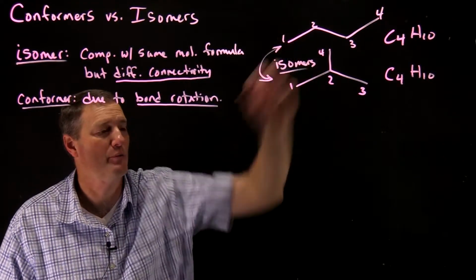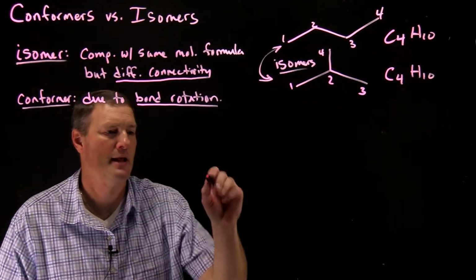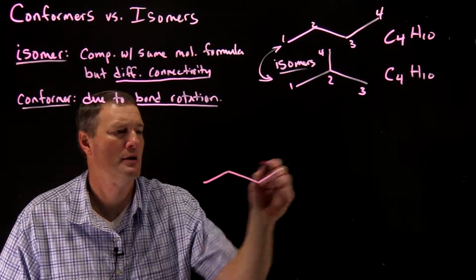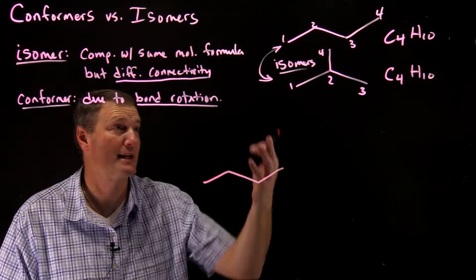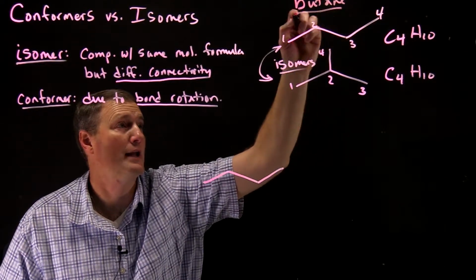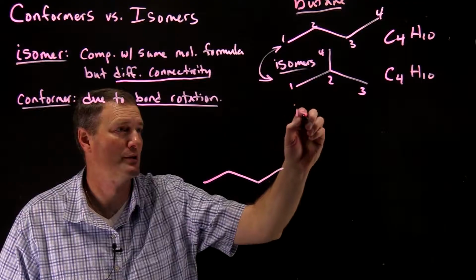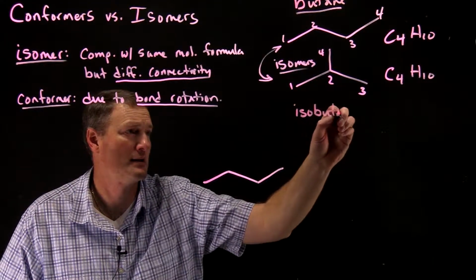Let's look at this top one now and look at how we could draw two different conformations. If I redraw this 4-carbon alkane, this is again the molecule called butane. And just for clarity, let's name this one. This would be isobutane.